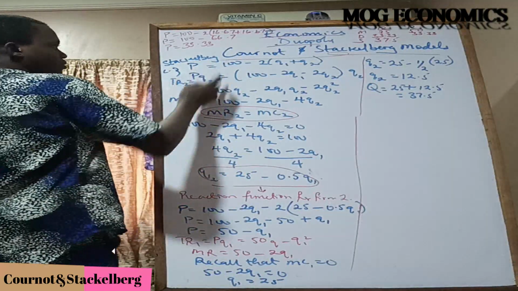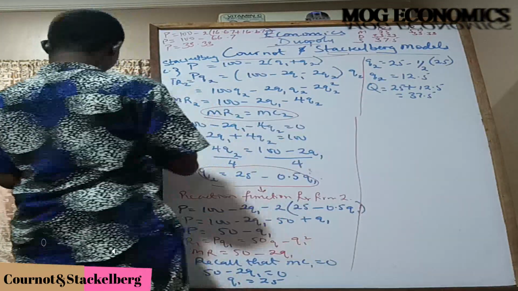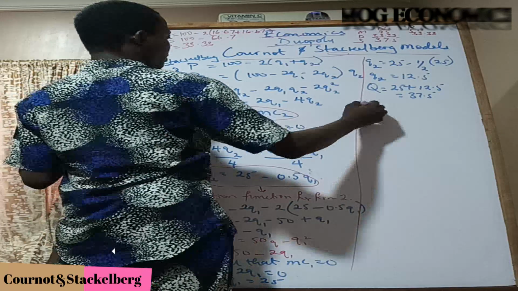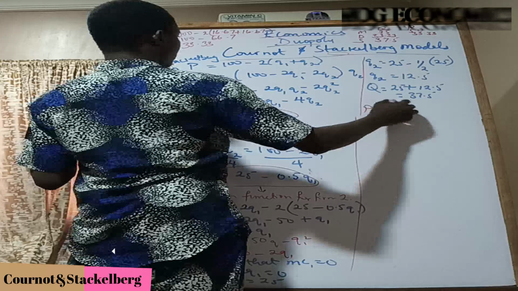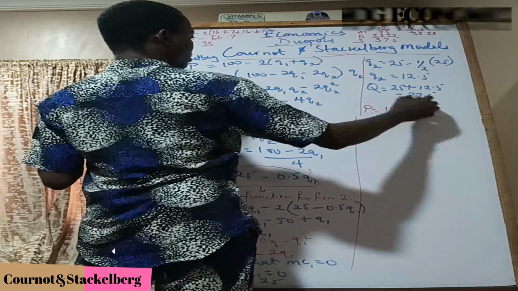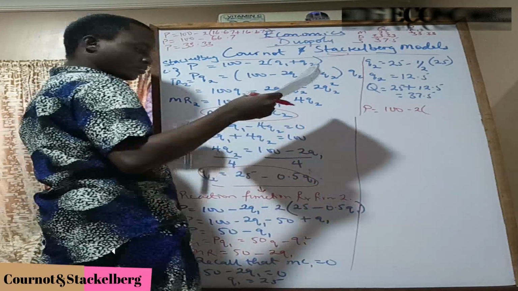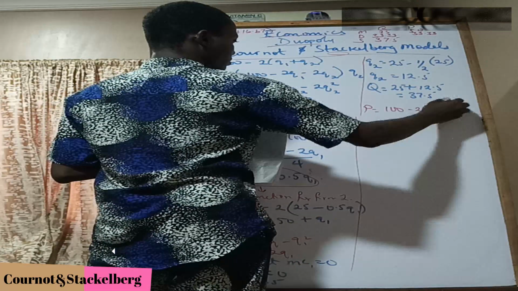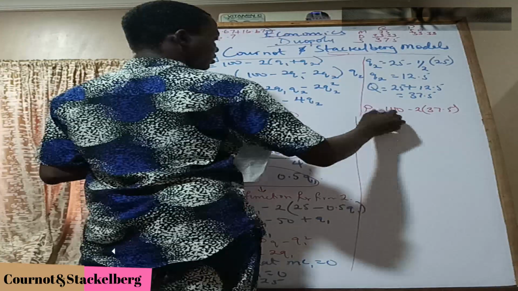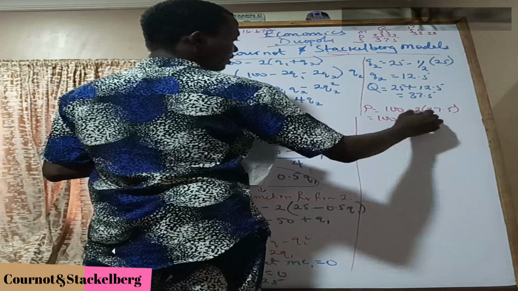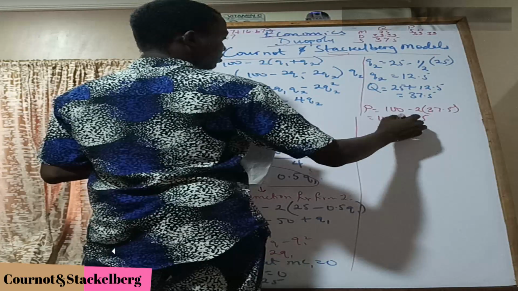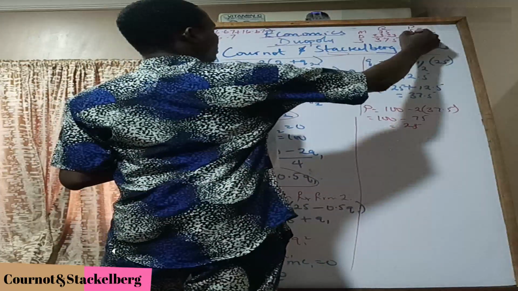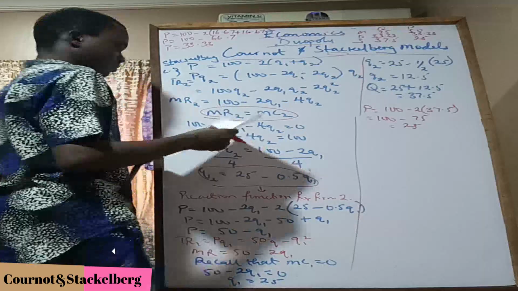So we come back to this. P equals 100 minus 2 into brackets 37.5. So equals 100 minus 75 equals 25. So price here is 25.